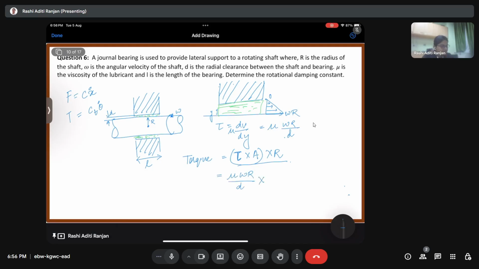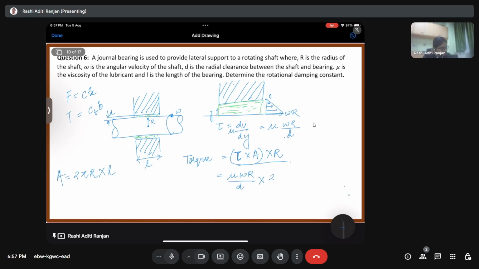Area is going to be the circumference of the shaft. So the area of the shaft is nothing but 2 pi R, the circumference, into the length L. This is going to be the area.